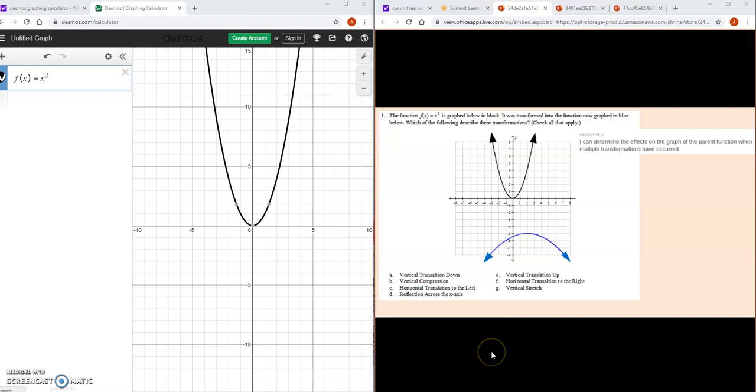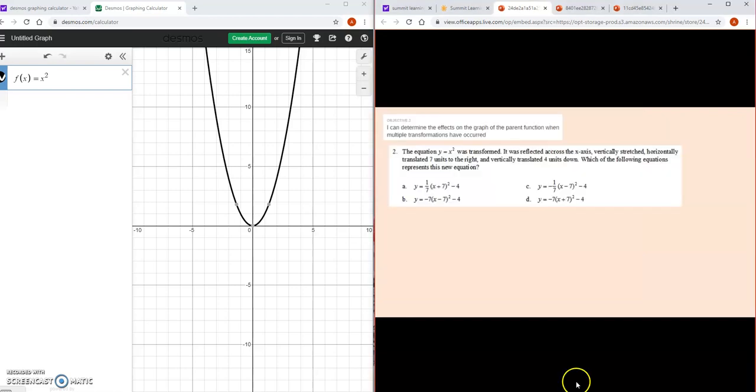So it is not E. So letter F is a horizontal translation to the right, and that is correct, because this actually moved to the right. And then this is a vertical stretch. It's not a vertical stretch because whenever you're vertically stretching something, your graph has to be narrower. So this is just A, B, D, and F.